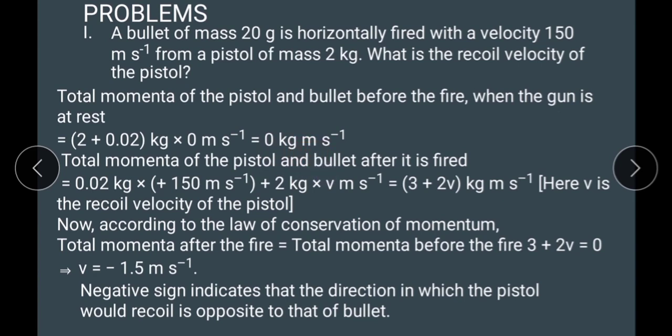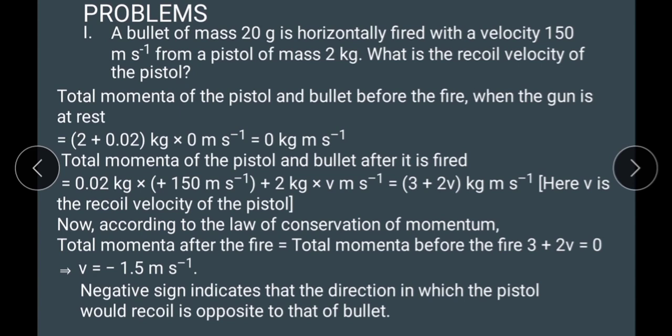The total momentum of the pistol and bullet after it is fired is 0.02 kg, the mass of the bullet, into 150 meter per second, which is the velocity as given, plus 2 kg into v meter per second. Now 2 kg is the mass of the pistol and v is the recoil velocity of the pistol, which has been assumed by us.